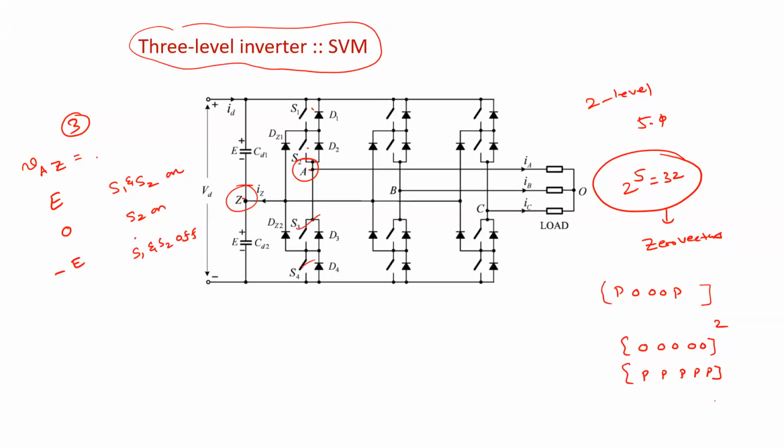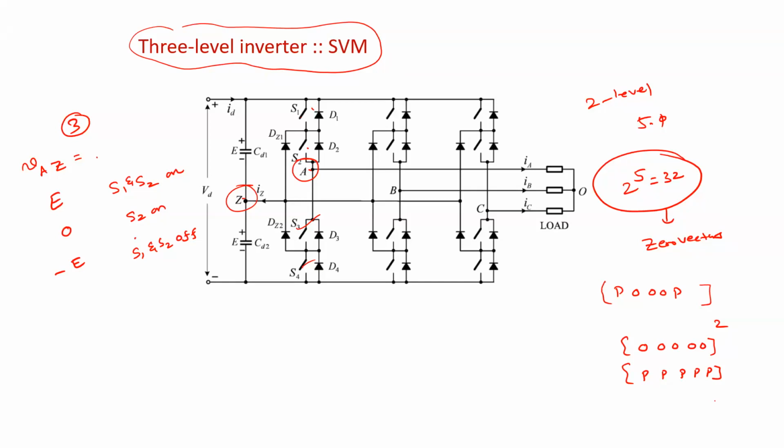If both upper switches are on, the voltage is E. If only one upper switch is on, the voltage is 0. If both upper switches are off, the voltage is minus E. So here 3 voltage states are there, right? Remember that if the upper switch is on, the voltage is positive; if the upper switch is off, the voltage is negative.